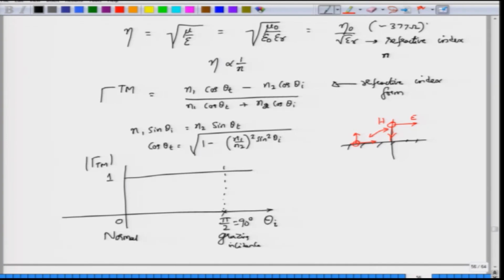Now, if you consider two cases, let us assume that n1, the refractive index of medium 1, is equal to 1 and n2 equals 2.5. Then vary the angle of incidence theta I, evaluate the magnitude of this particular expression and plot it. I can write a simple MATLAB program with just 2-3 lines, or write a simple Excel sheet, in order to do this calculation.